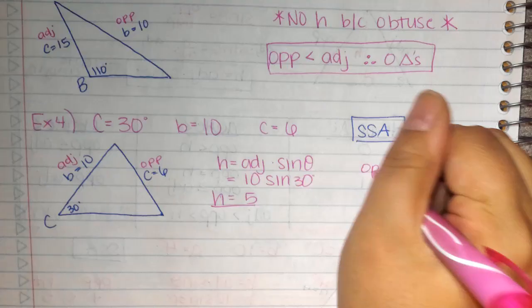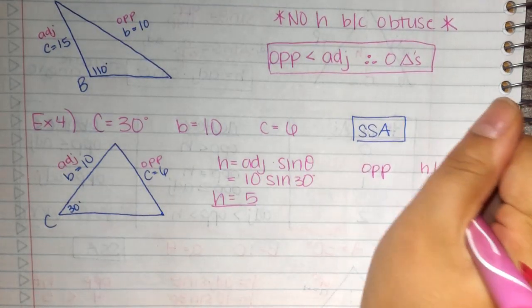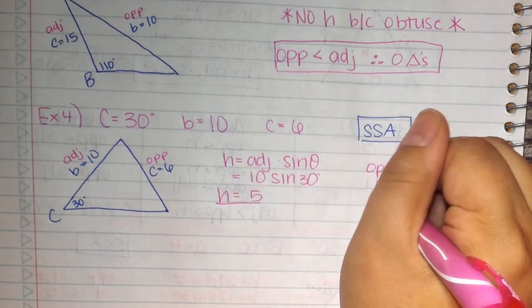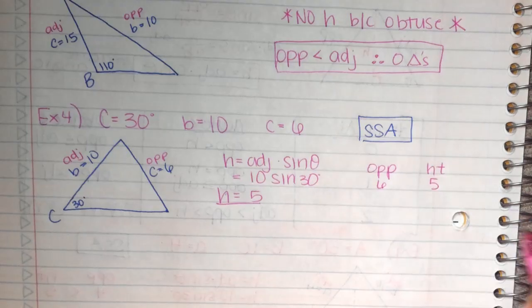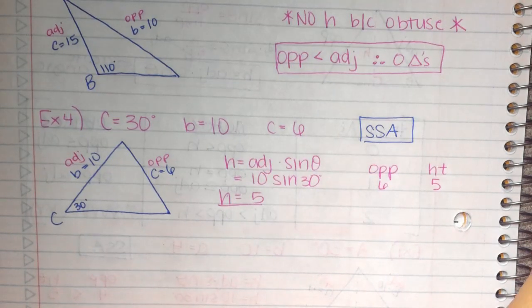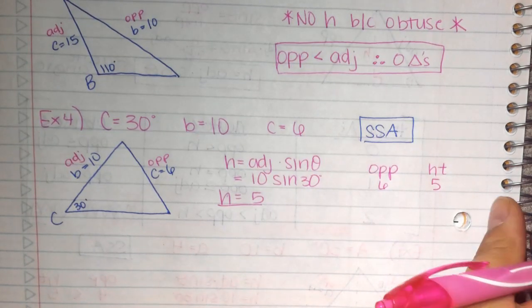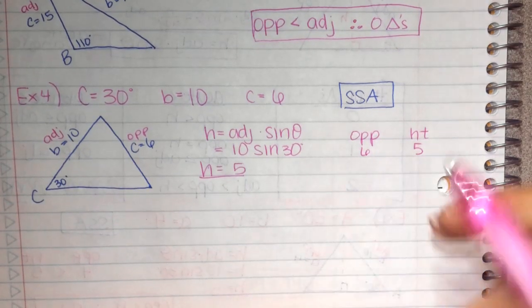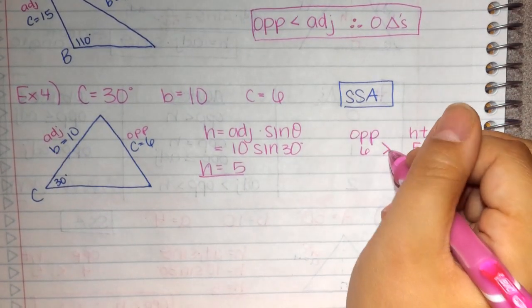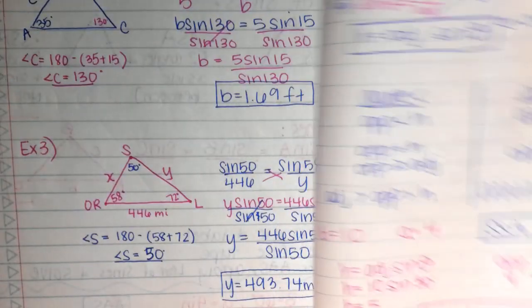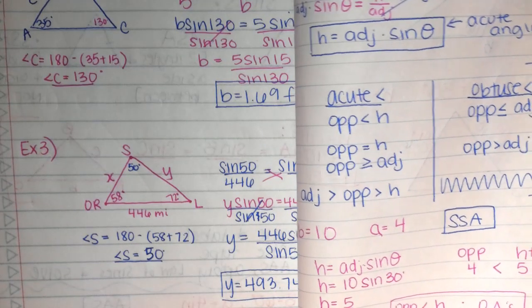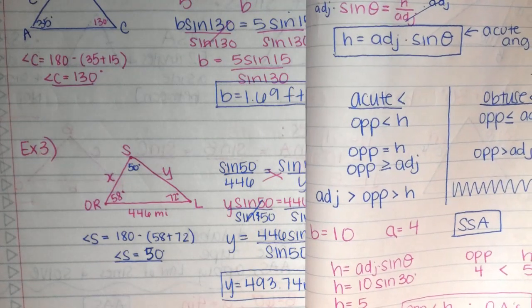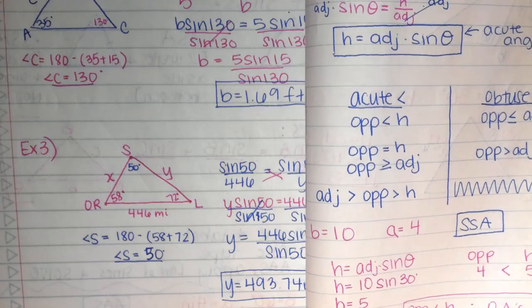So what do you know about your opposite and your height? How does my opposite compare to my height? It's greater than my height. So look at your little chart. Where is opposite greater than the height at? 2 triangles.